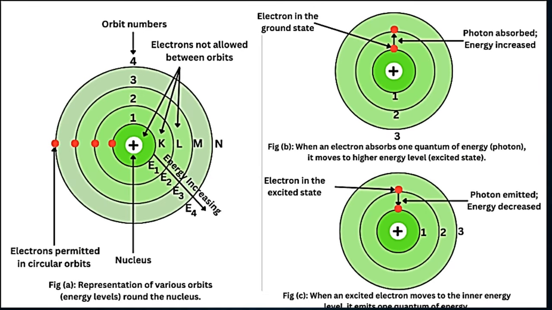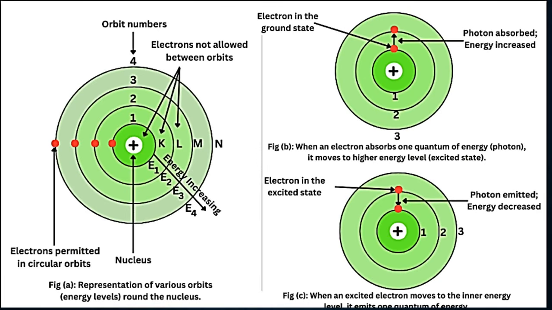So from the fourth postulate, it says that the energy of the emitted radiation. You can see that after this electron gains the radiation to move from its energy state of E1 to E2, it is unstable there.